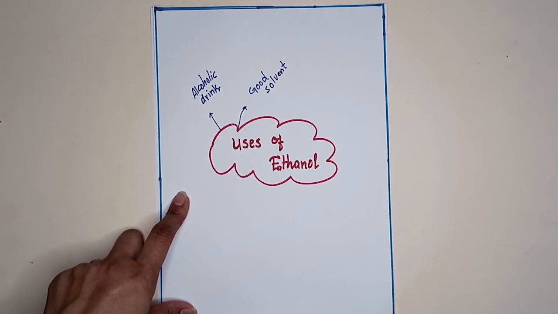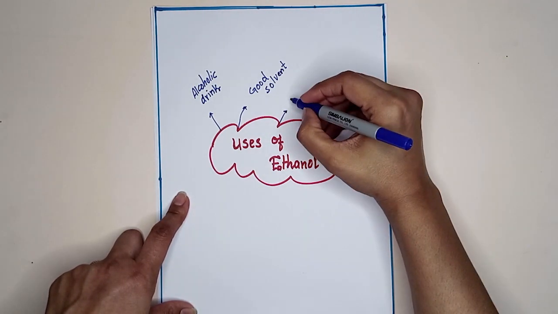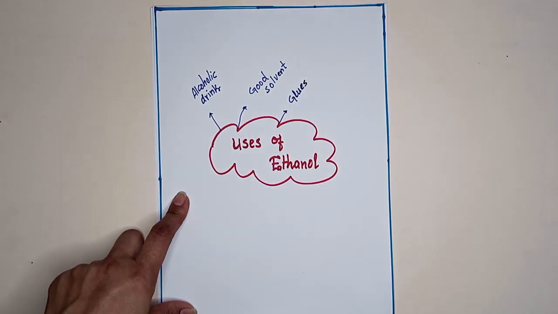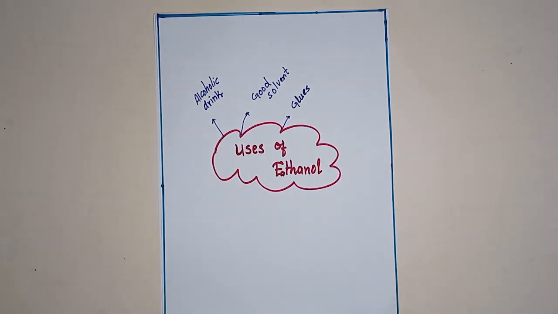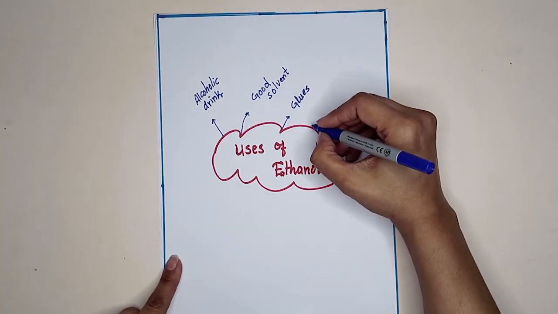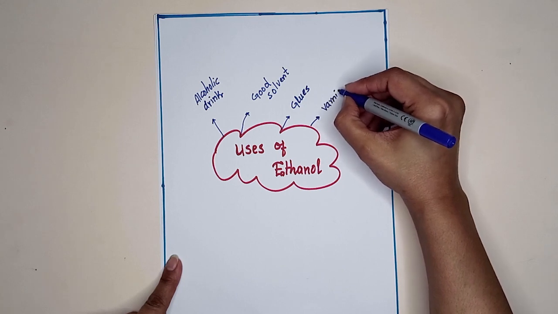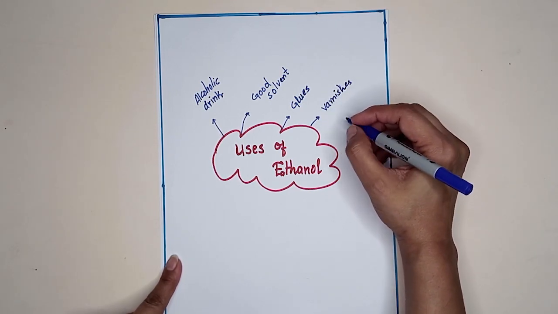Then they are used to make glues. They are used in varnishes. A number of uses of ethanol are there.